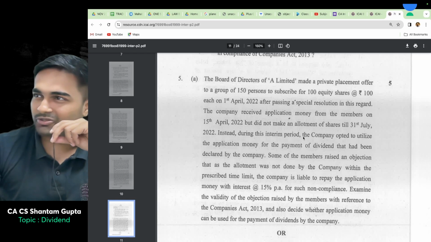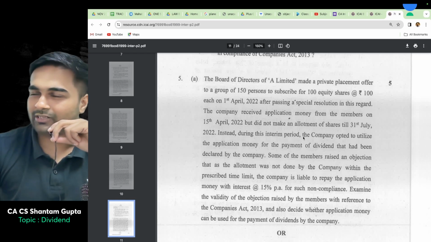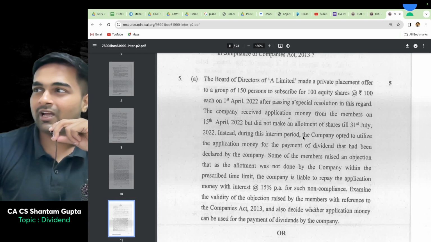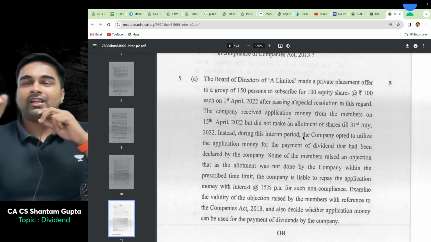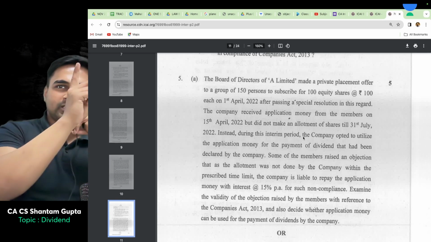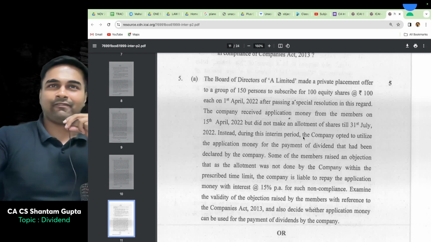So the thing is, don't ignore something because you just think it is to be ignored. And you noticed that while I was teaching, I asked you this 3 times. I told you, in private placement it's 12. In public allotment it is 15, because 15 days in 15%, and in private it is 12.